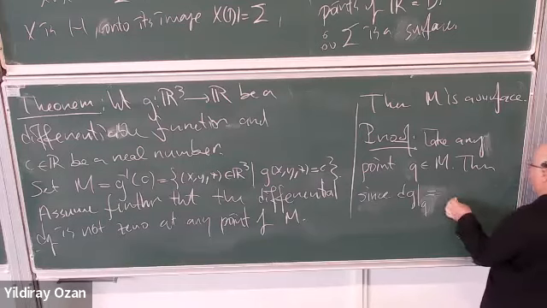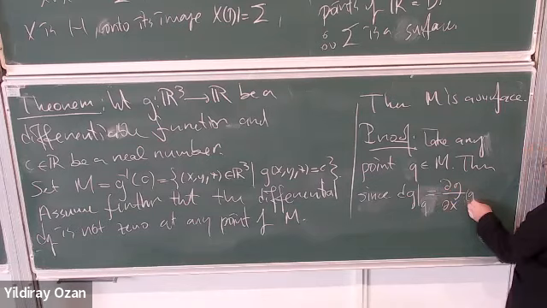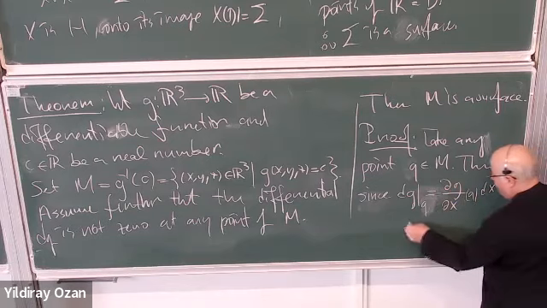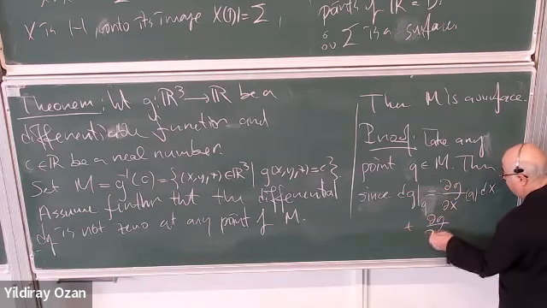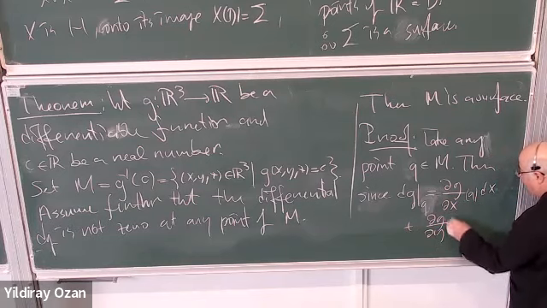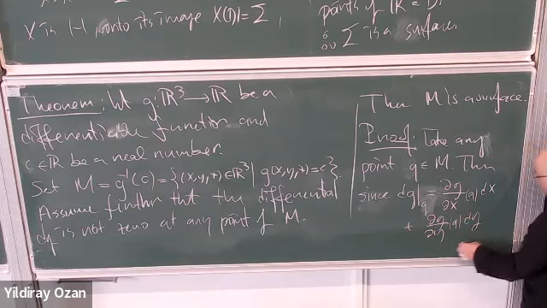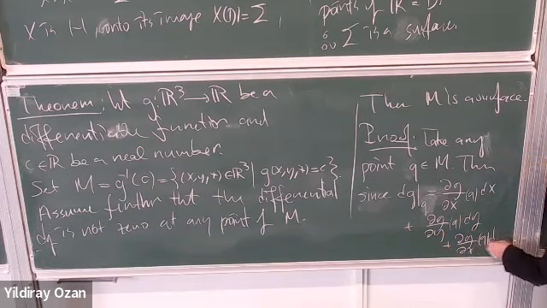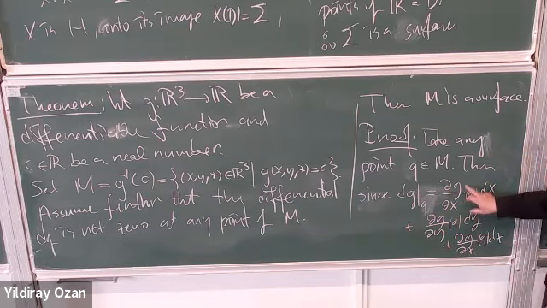This is just derivative of G with respect to X at Q dx plus derivative of G with respect to Y at Q dy plus derivative of G with respect to Z at Q dz. So this thing is not zero, means that either this derivative or this one is not zero, right? One of them is not zero.